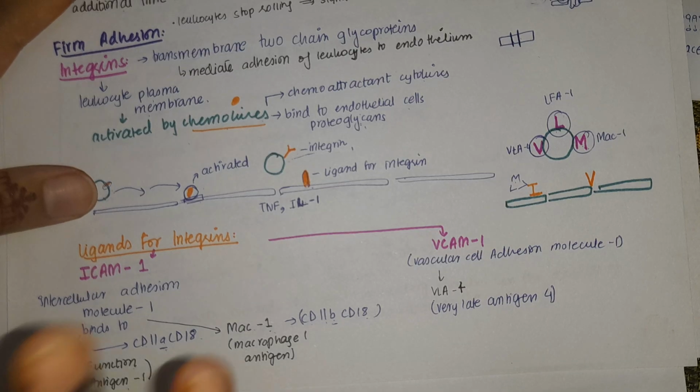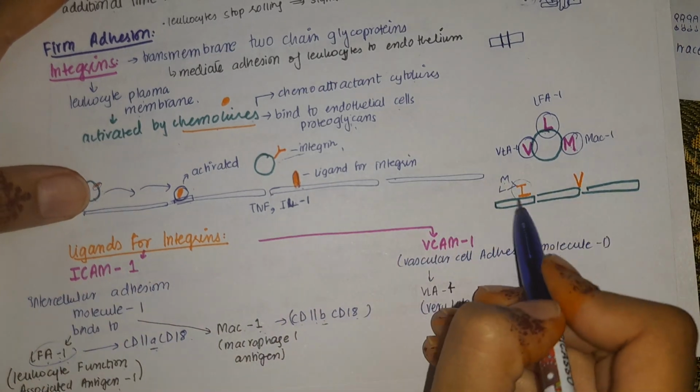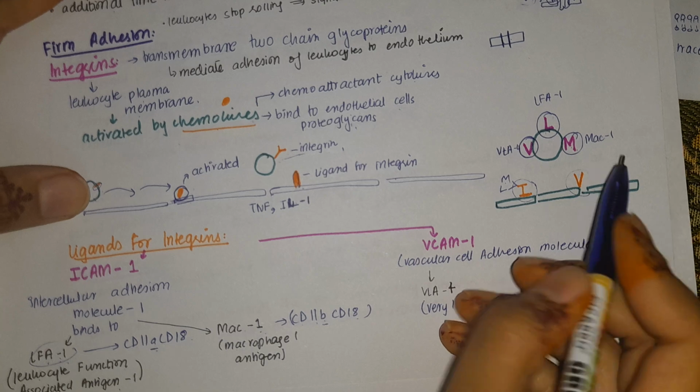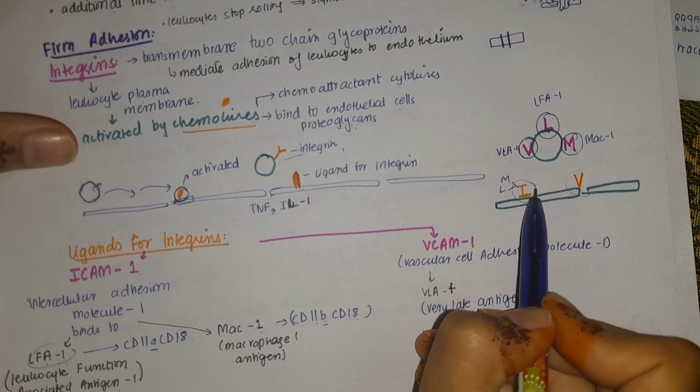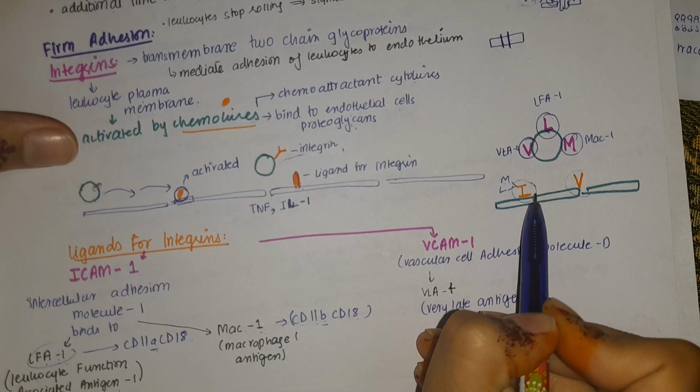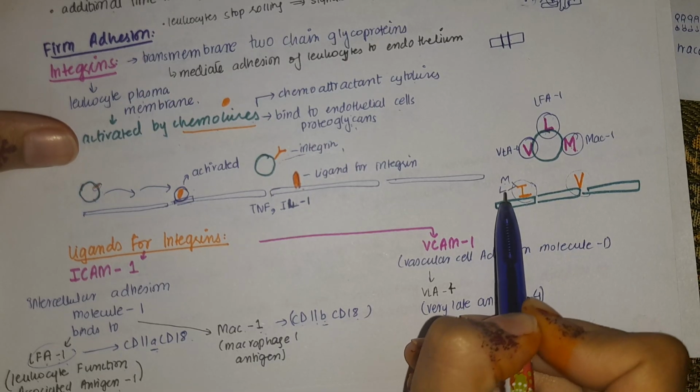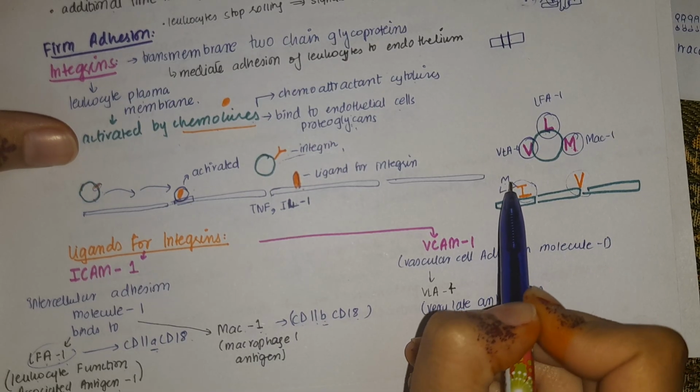So the main thing was that the ligand is ICAM or VCAM, but the receptor for the ligand, for ICAM, the receptors are L and M. L is LFA1 and M is MAC1.